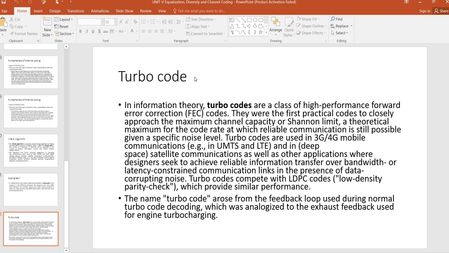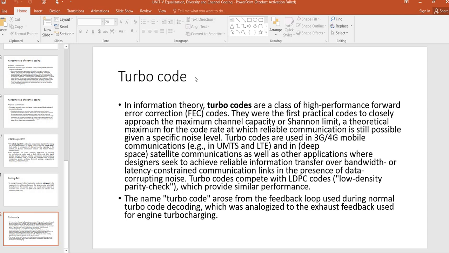They are very fast and very efficient error correction codes. They were the first practical codes to closely approach the maximum channel capacity, the Shannon limit. So the Shannon algorithm is also there.